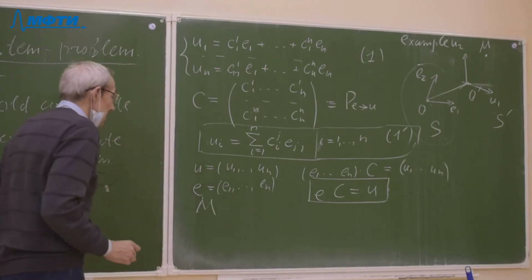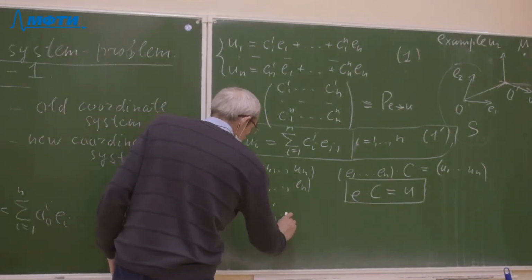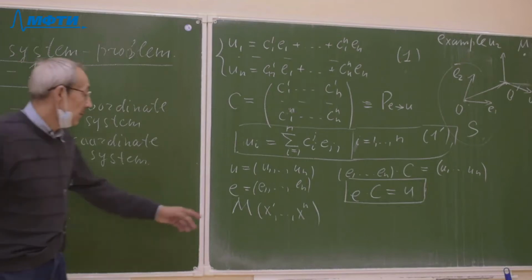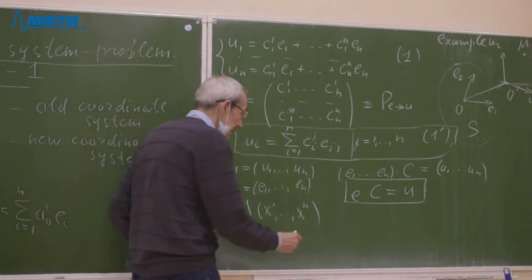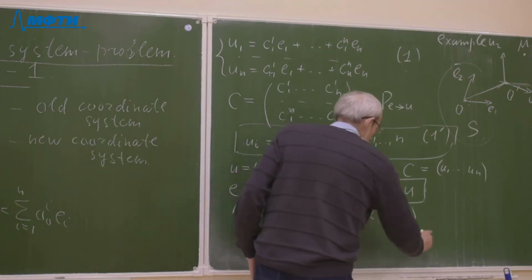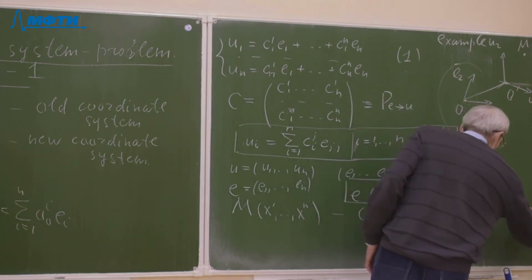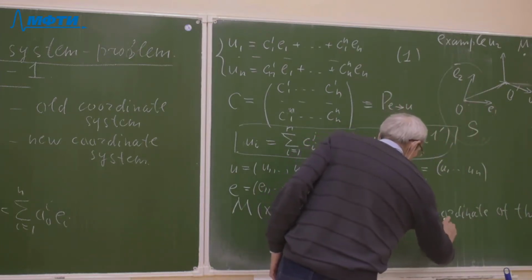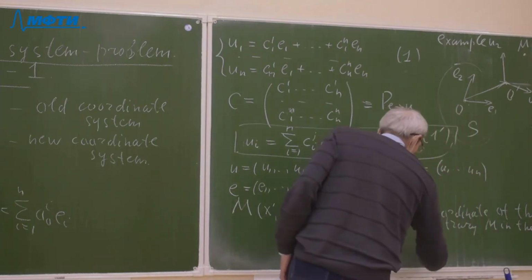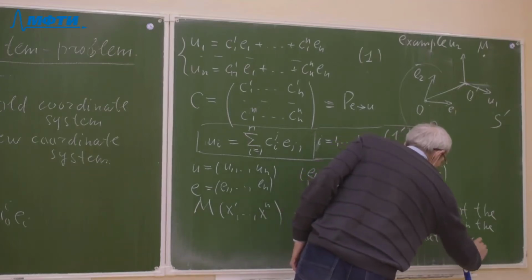Let its coordinates x1, ..., xn be the coordinates in the old coordinate system, the coordinates of the arbitrary point in the coordinate system S.